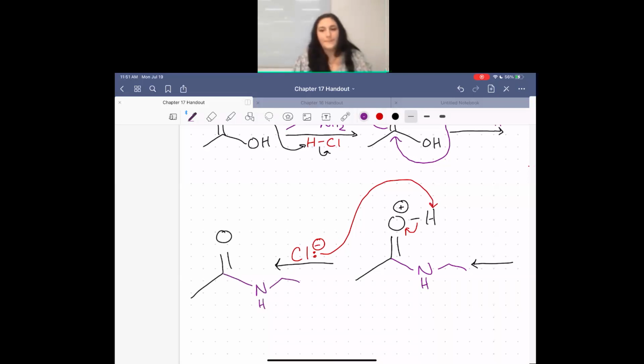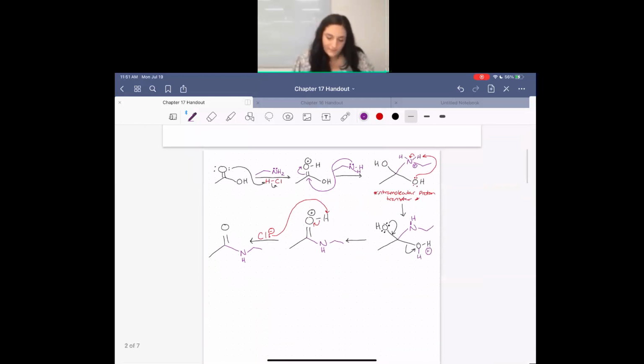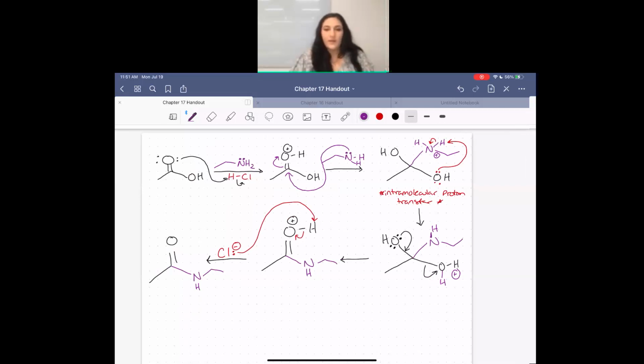Bam. So let me zoom out for you. So we went from a carboxylic acid to an amide.